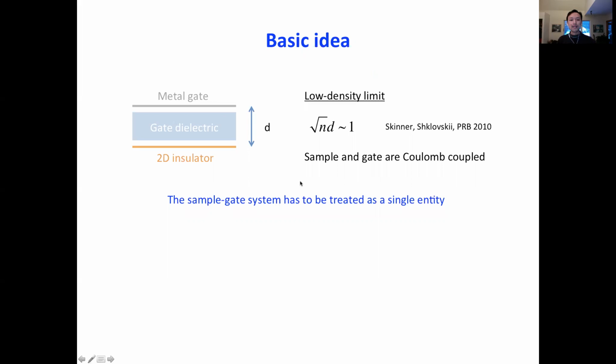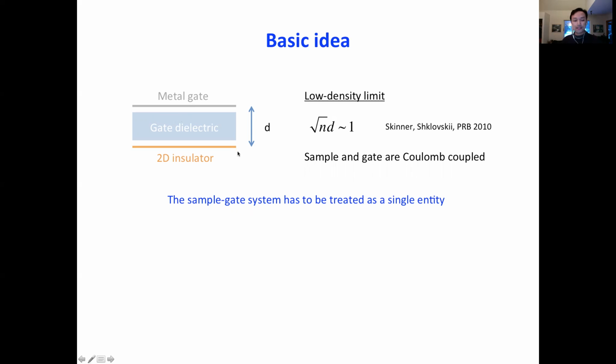Okay. So the basic idea is the following. We consider a rather simple device structure: a two-dimensional insulator, a very thin film of insulator, usually a few atomic layers thick, that is separated from a metal gate by a dielectric material, usually hexagonal boron nitride, by a distance d.